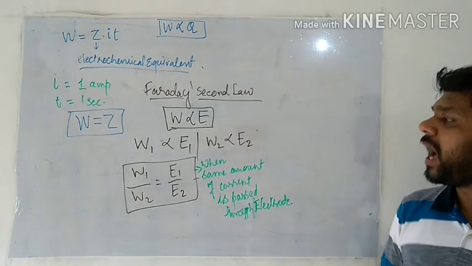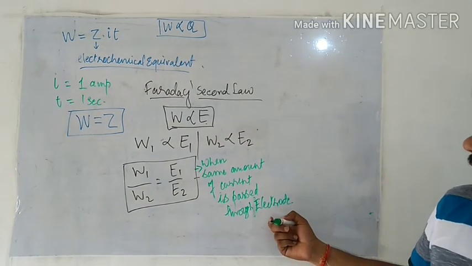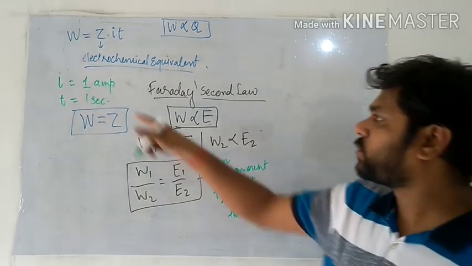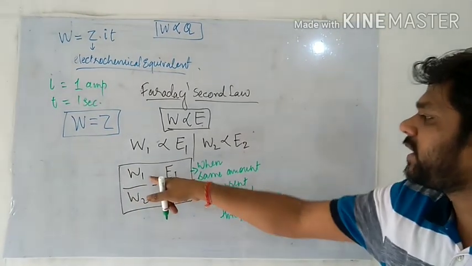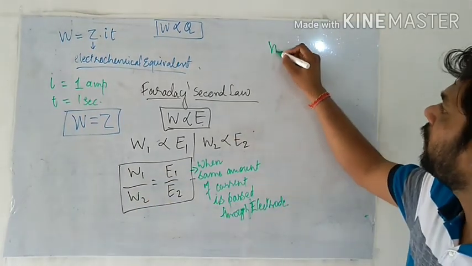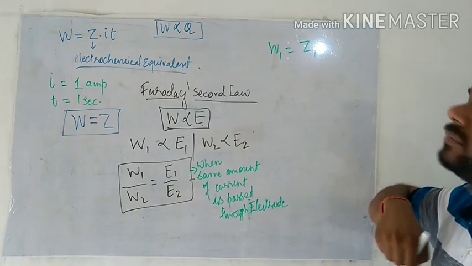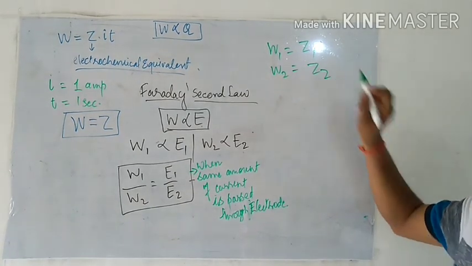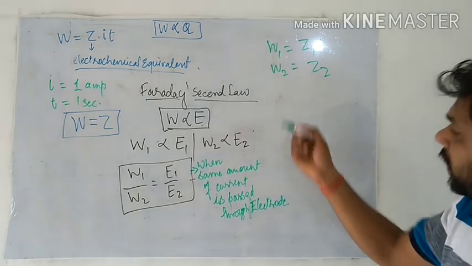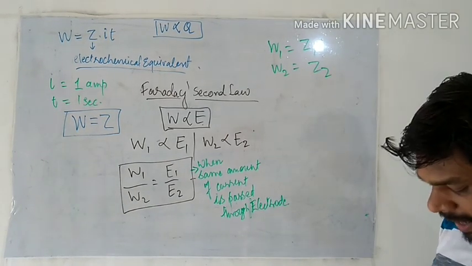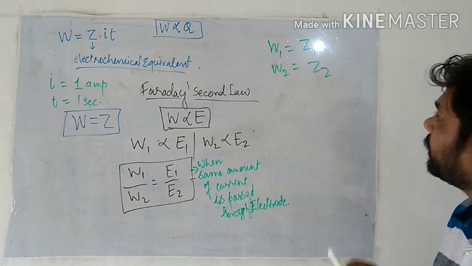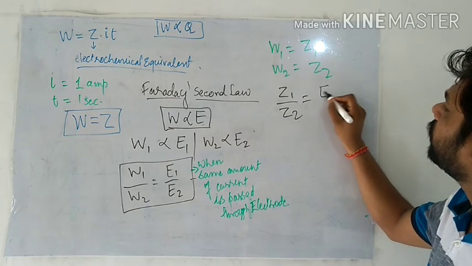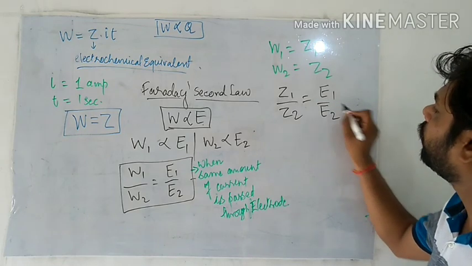Okay, if suppose that the same current that we are passing, that is 1 ampere for 1 second, in this case W1 will be equal to Z1 and W2 equal to Z2. So another formula we can get over here is Z1 upon Z2 is equal to E1 upon E2.